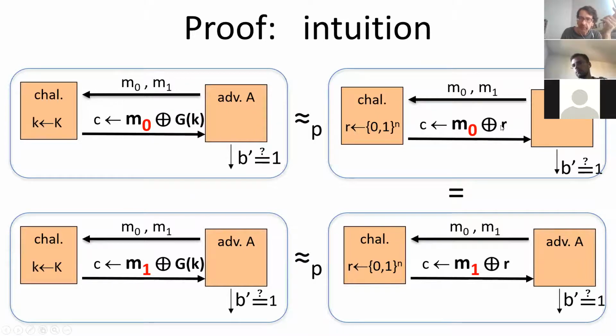You have to be careful with these types of arguments because it very much mattered, for example, that the reduction knew what M0 is. It did. The adversary had to explicitly say what a message is. Indeed, it's kind of hard to think of what it means to attack encryption, distinguishing encryptions of two messages, when you don't even know what these messages are. But we'll see some cases where this breaks.